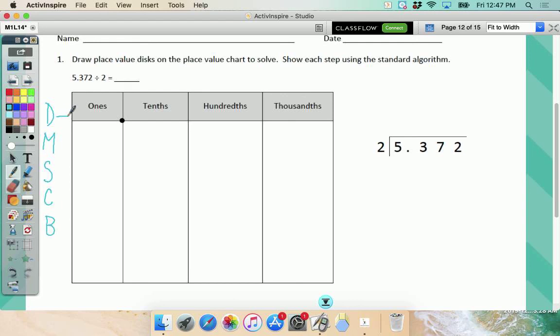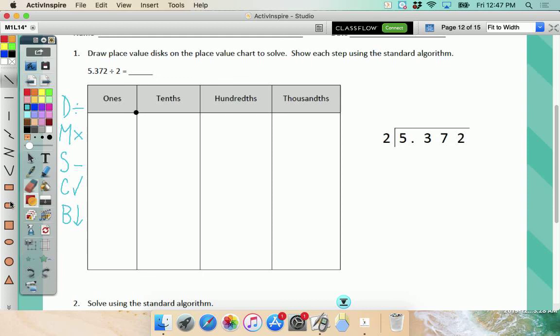Don't worry, I'll let you stop writing this starting lesson 15 unless you forget what it is. And then you're going to need your straight line tool. I don't have... Just kidding. I know you don't. So put a double line, and then since we're dividing by 2, you just need one more line.